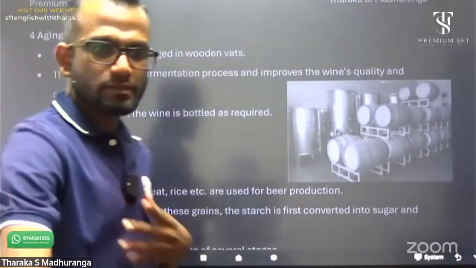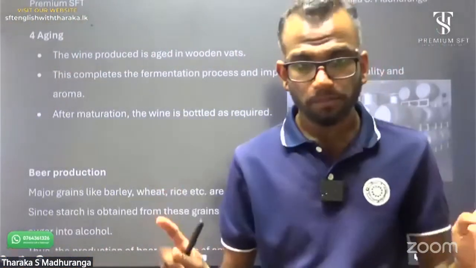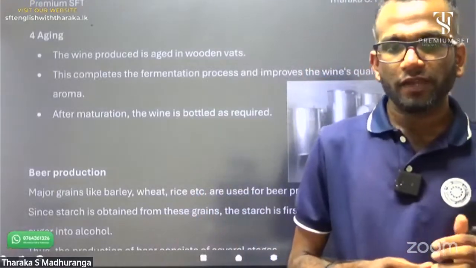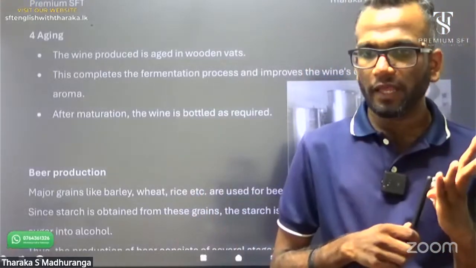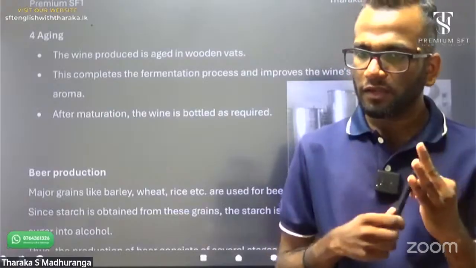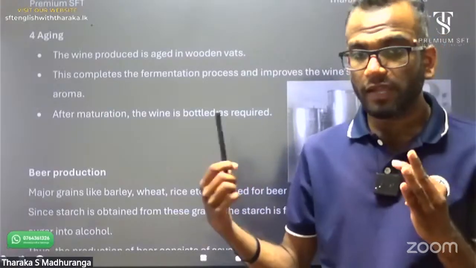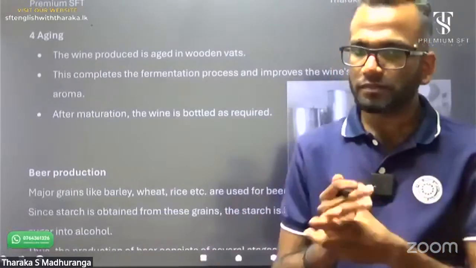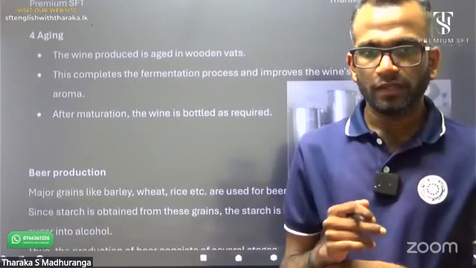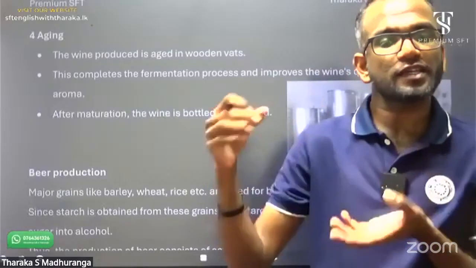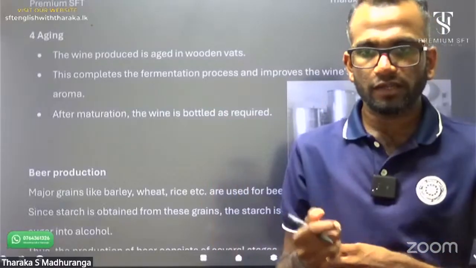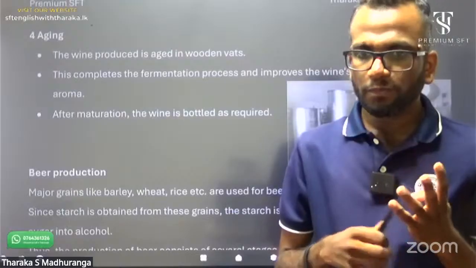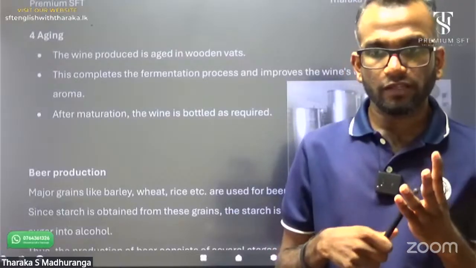Okay. Are you clear? Steps of wine production. Grape pulp preparation. Filtration comes after fermentation. Right? We don't filter until then; we ferment together with the grape particles. Grape pulp preparation, that's a juice.